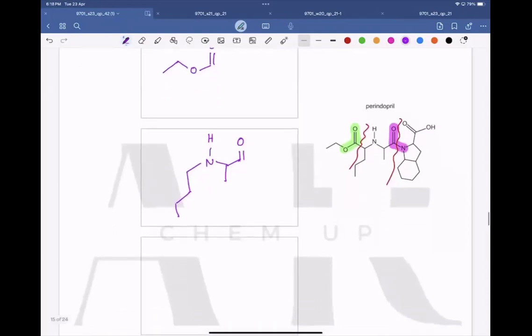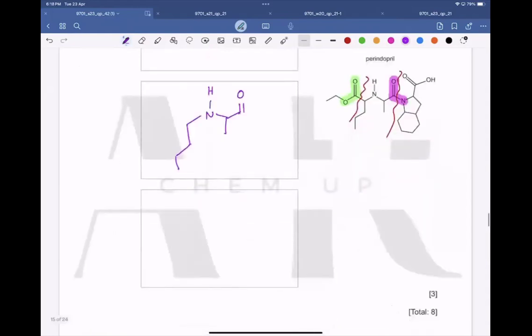I'm just drawing the fragments. And the third one is N with the 5 ring structure, which is bonded to a 6 carbon structure. And over here, there is a C double bond OOH. So is this clear? What I just did, I put them into the fragments.